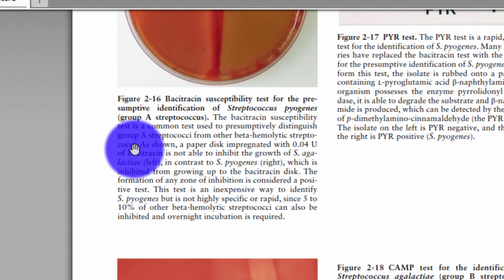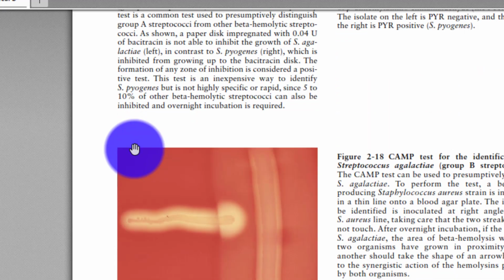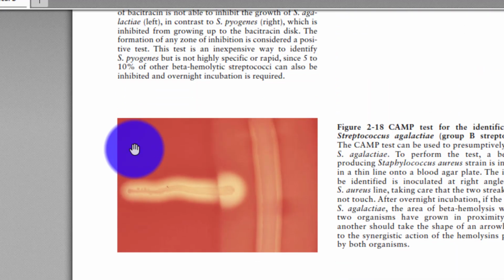The test is a rapid, sensitive test for identifying Strep pyogenes. Here, CAMP test for the identification of Streptococcus agalactiae, group B Streptococcus.